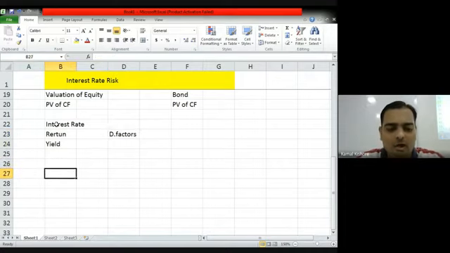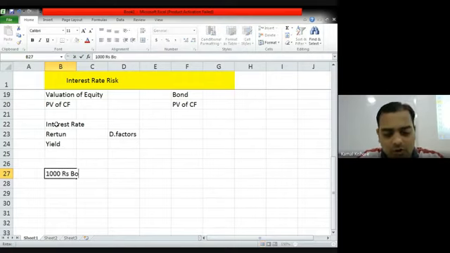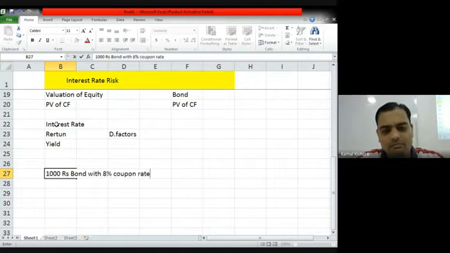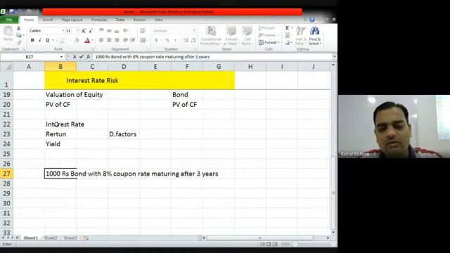So let's talk about how a bond works. For example, a 1,000 rupees bond with 8% coupon rate, maturing after 3 years.